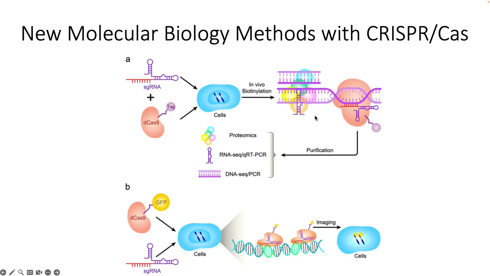That will biotinylate the DNA at whatever location you programmed the guide RNA for. This allows us to do things like proteomics, RNA sequencing, and DNA sequencing, and visualization of where certain proteins are, like this tagged protein, where they go to when they are at the locus of the genome that it's targeted to.